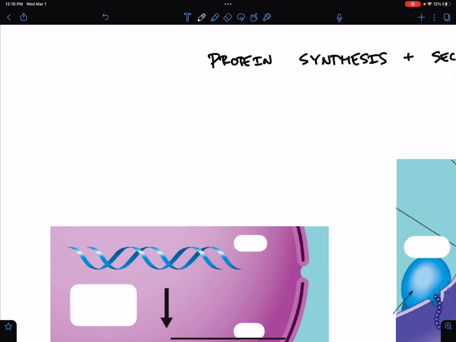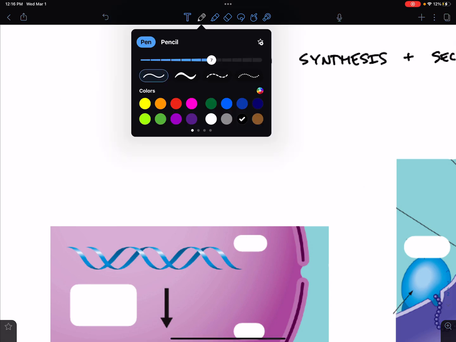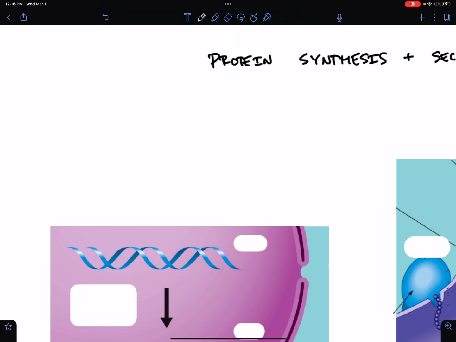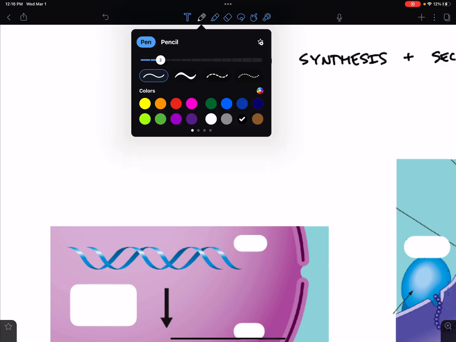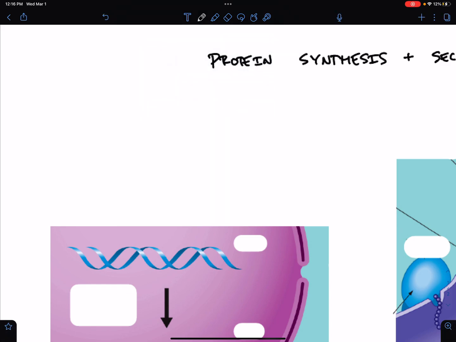The process of taking DNA and reading it to make RNA, and using RNA to make protein.